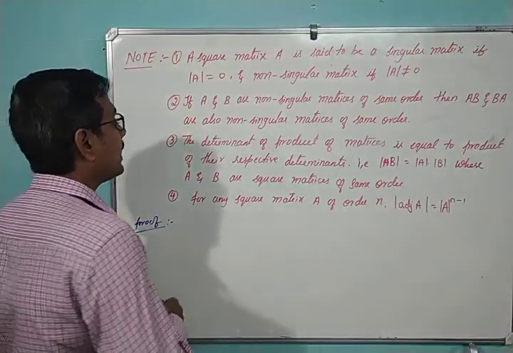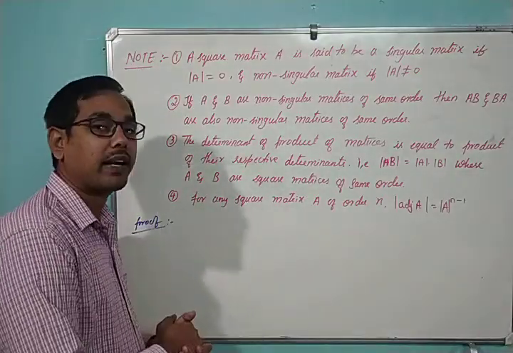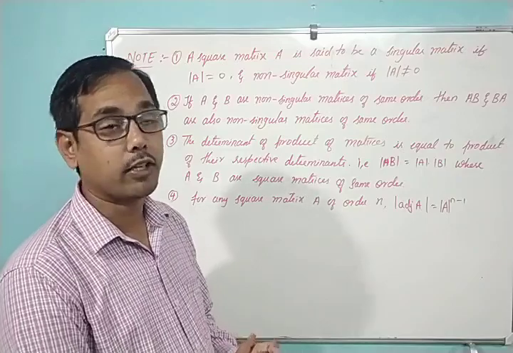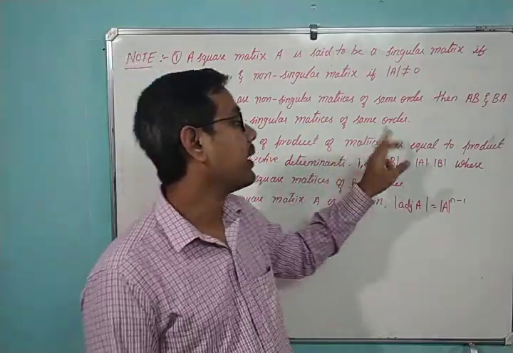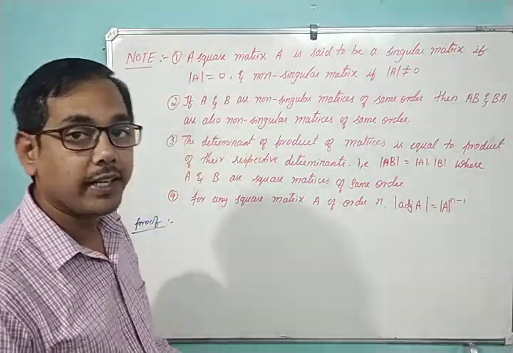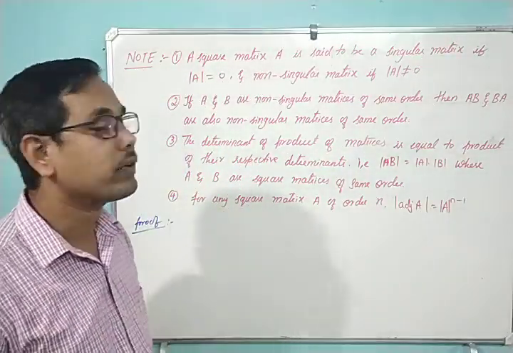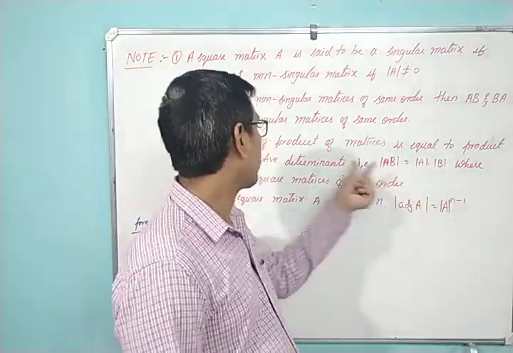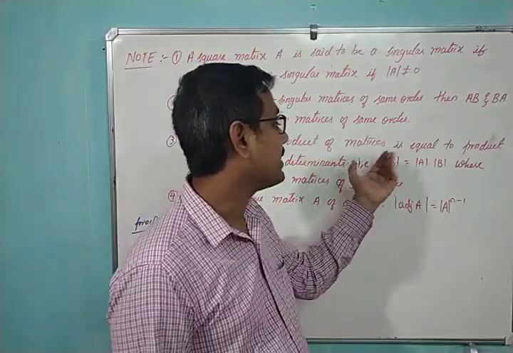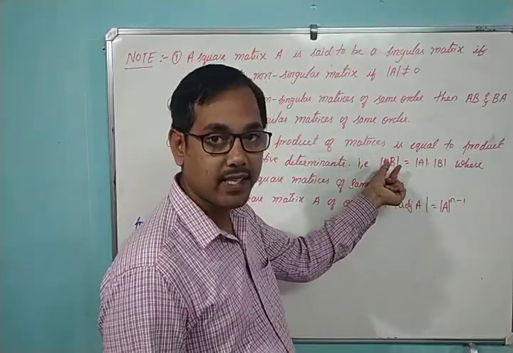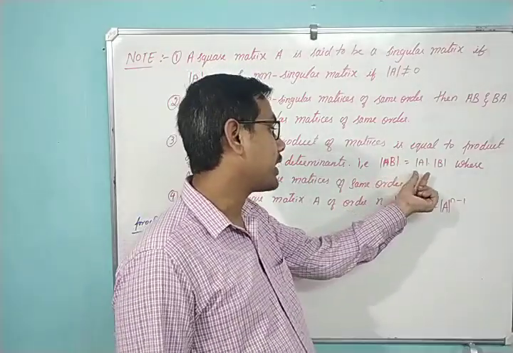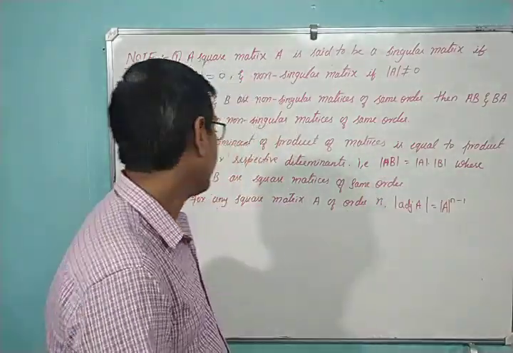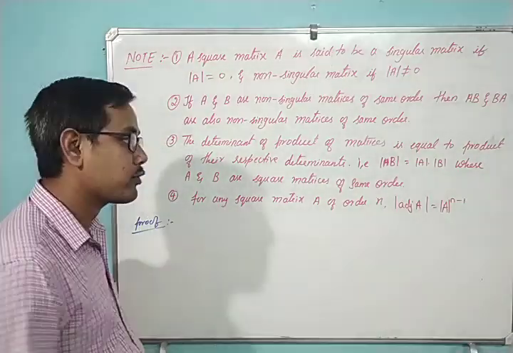Next, the determinant of a product of matrices is equal to the product of the determinants of the matrices. For example, A is a matrix, B is a matrix. The determinant of their product is equal to determinant A into determinant B, where A and B are square matrices of the same order.